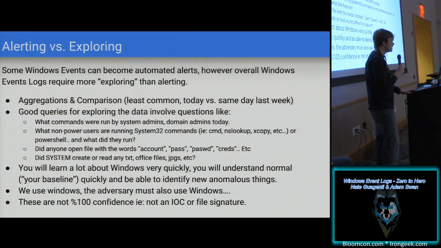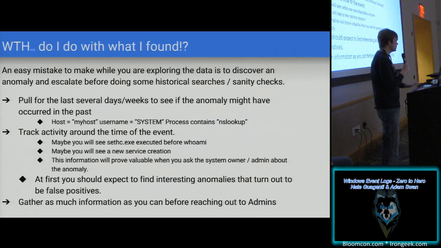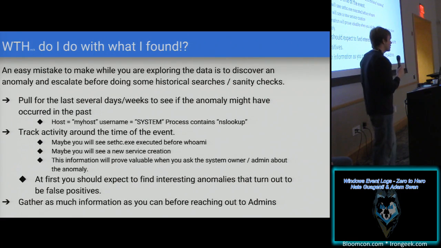One of the things is you're going to learn pretty quickly what your baseline looks like, what normal is, so you learn a lot about Windows. The more insight you have on your endpoints, the more you learn about how Windows really works on a day-to-day basis. If you find something interesting, an anomaly in some of these events, what's the next step?